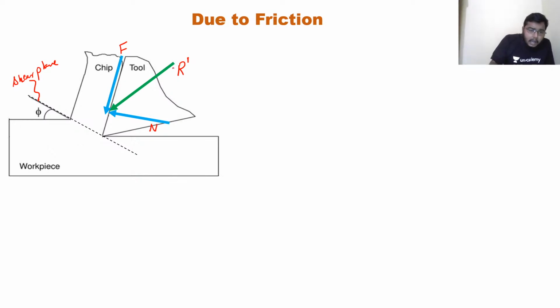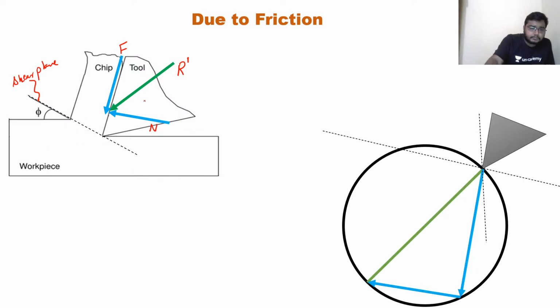So here R dash, this is F and this is N. When we integrate the forces F and N, we get R dash.